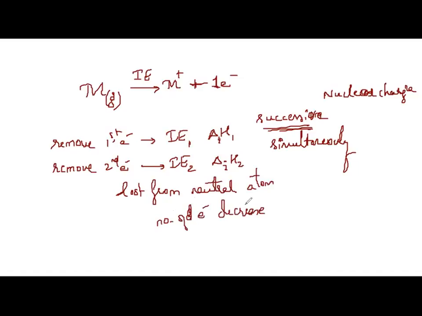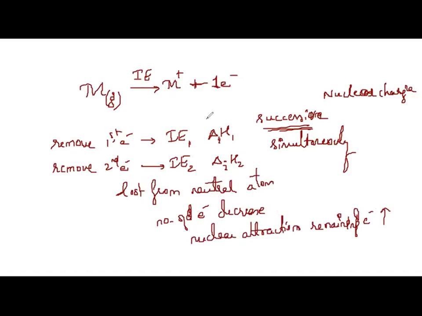As the number of electrons decreases, the nuclear attraction on the remaining electrons increases. So when this nuclear attraction on the remaining electrons increases, removing the next electron from the same positive cation becomes difficult.